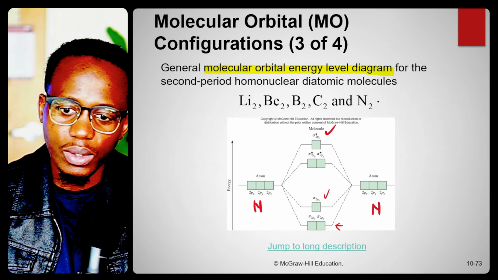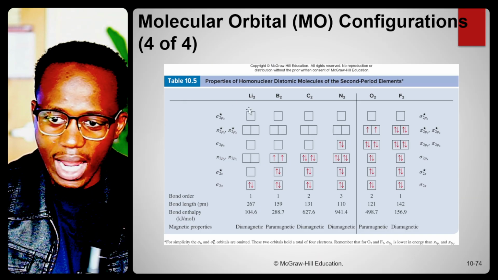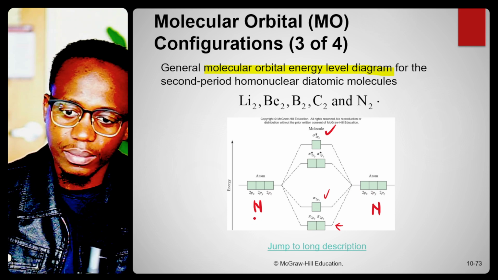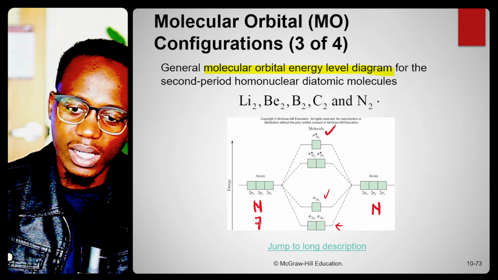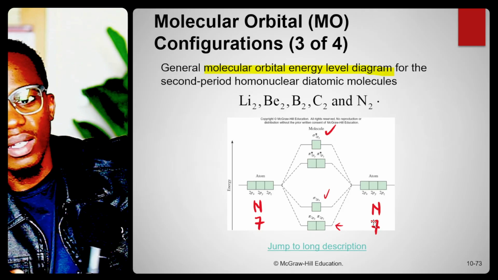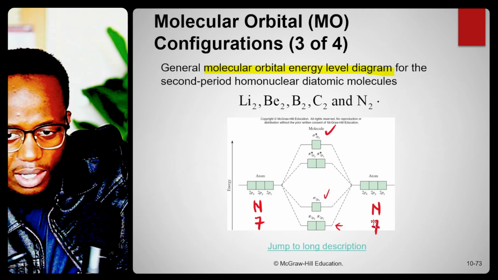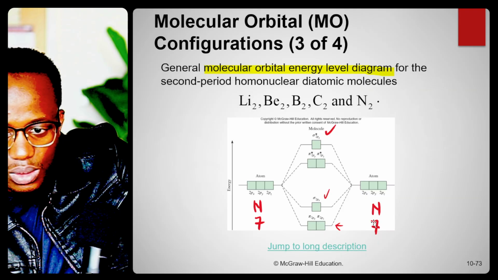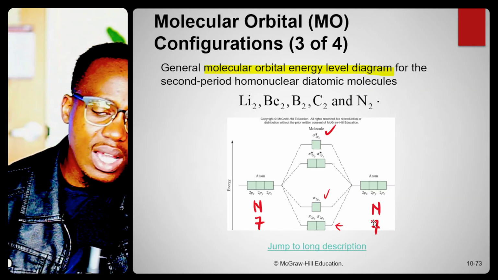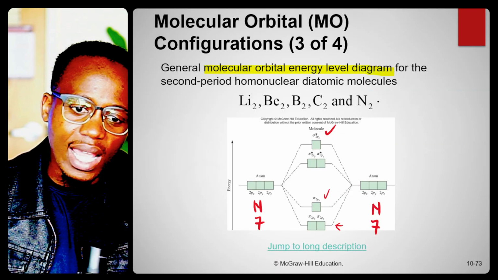Let's do N. We already just said N. So think about it this way: how many electrons does nitrogen have? That's right, 7. You will have a periodic table, so it should be good. But 7 electrons. So your role is, now that I have 7 electrons, how are they going to stack up?